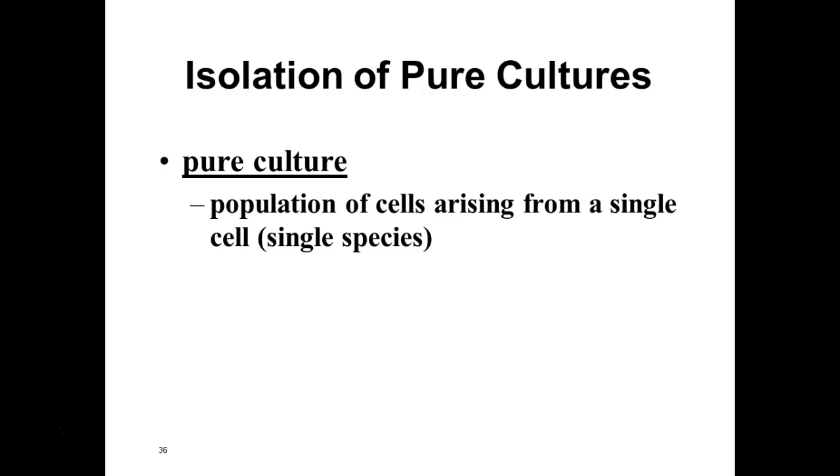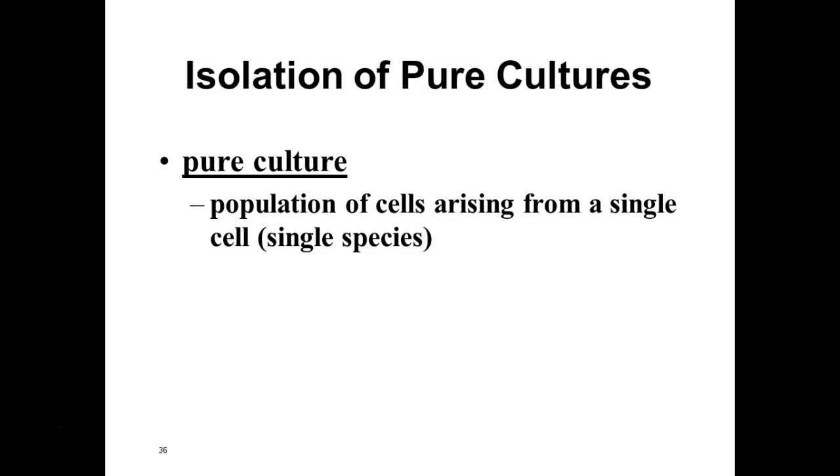This is important because if we're studying things like lactose fermentation and you don't have a pure culture, you don't know which organism is fermenting the lactose and which one's not, or if they're both fermenting it. When we put them on, say, blood agar, we want just one organism so we can get one answer and it not be ambiguous.